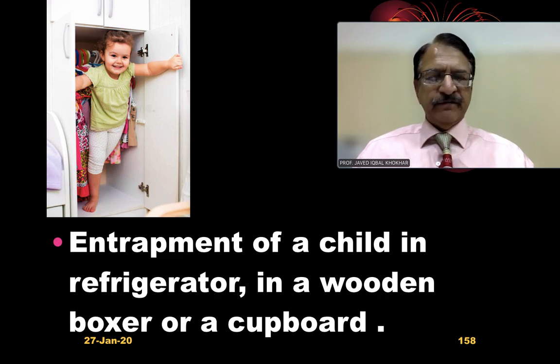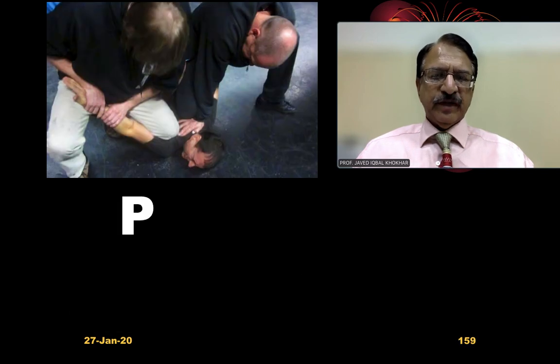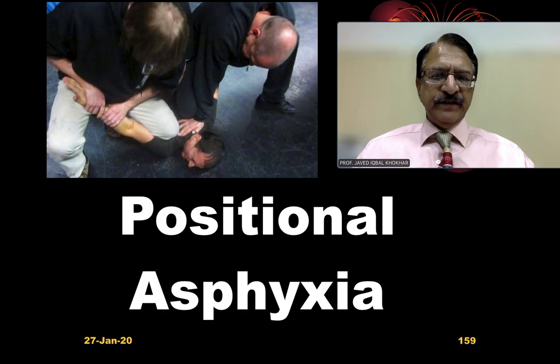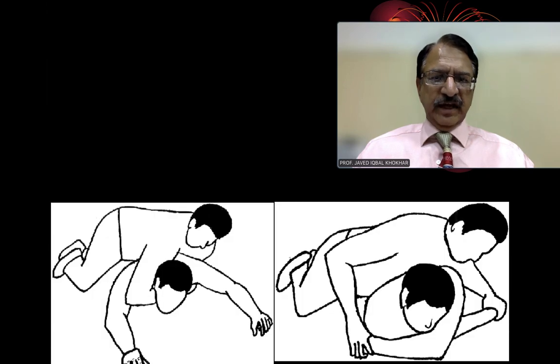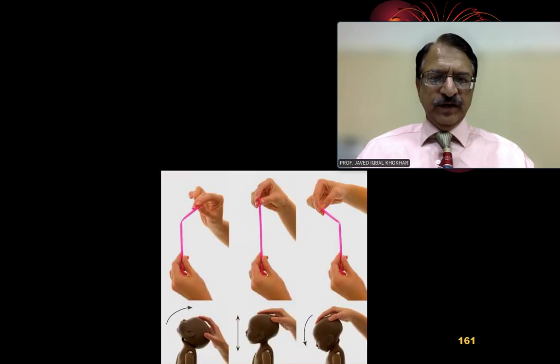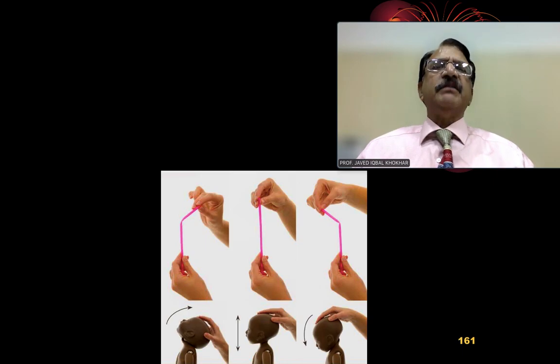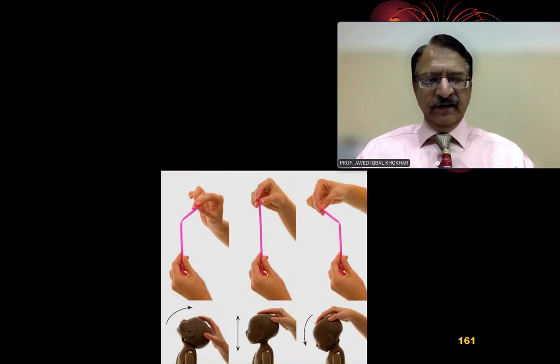They have a habit of playing hide and seek and closing themselves into cupboards and such spaces. Now the positional asphyxia, like in wrestling, you can see there is kinking of the trachea; bending of the neck backward or forward will kink the trachea.